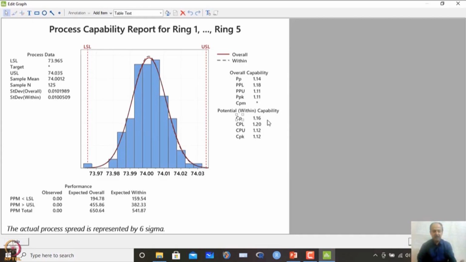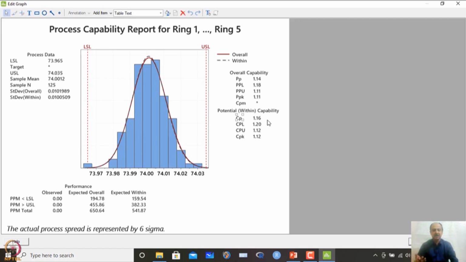So, we will check whether the process is stable, and then if it is stable, how do I calculate the standard deviation which will be used in process capability analysis to calculate CP index, that means delta, the total tolerance that is given, divided by 6 times the voice of the process.